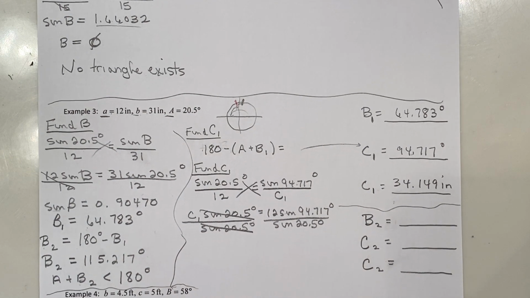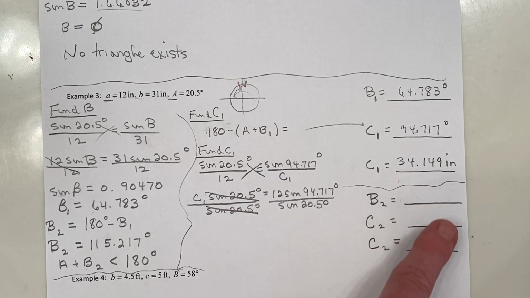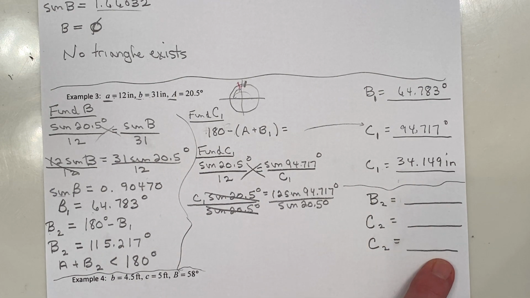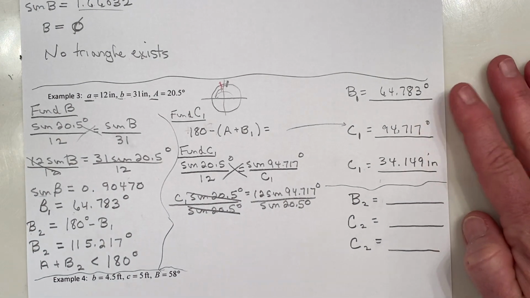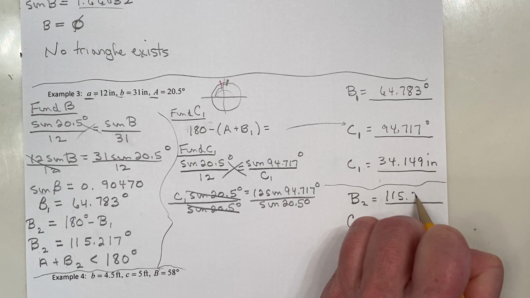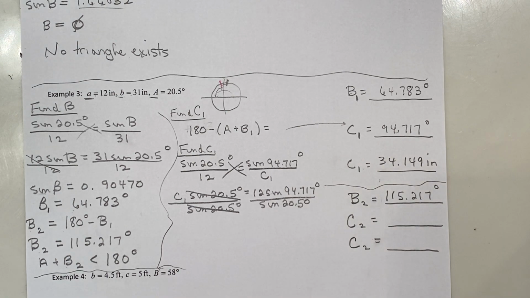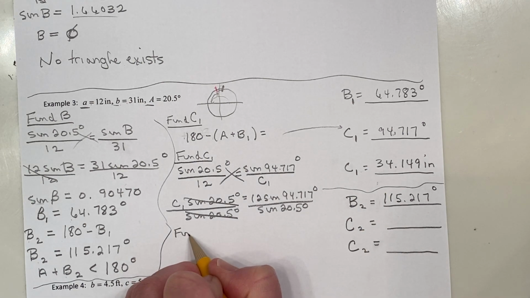Well, remember, we're not done. What if the calculator had returned this angle measure instead when you did an arc sine? It would still work. So now we're going to create a whole different set of answers for a second triangle, unrelated to these answers. So what's B sub 2? Well, it's 115.217 degrees. How do we get angle C subscript 2 in the second triangle?